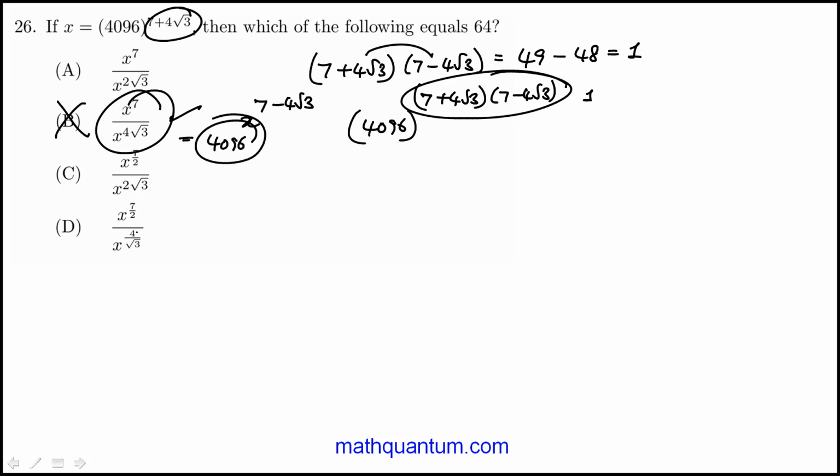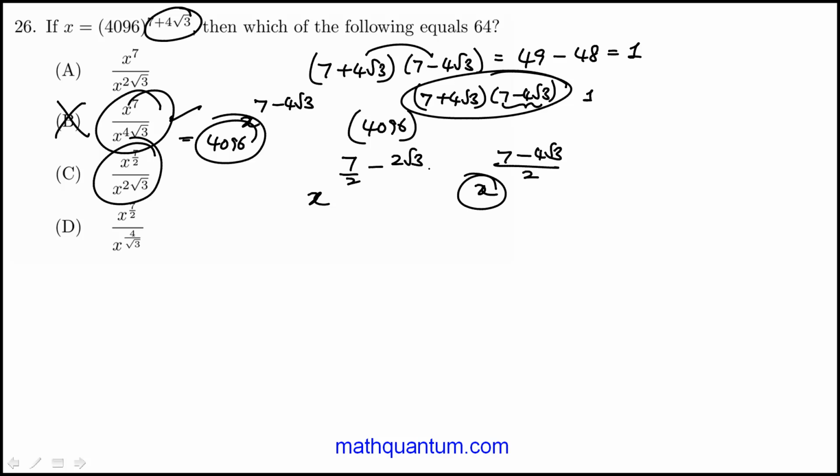Now next I was looking for where else I get this 7 minus 4 root 3. And you'll see that it comes up here as well, because it's just the same number, but with a denominator of 2, because this is 7 minus 4 root 3 over 2.